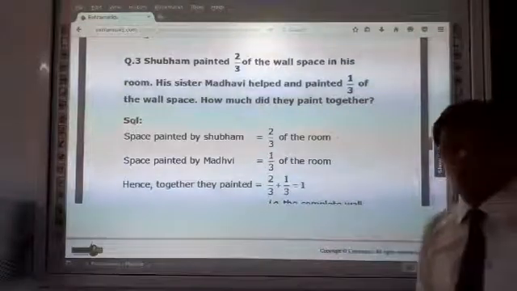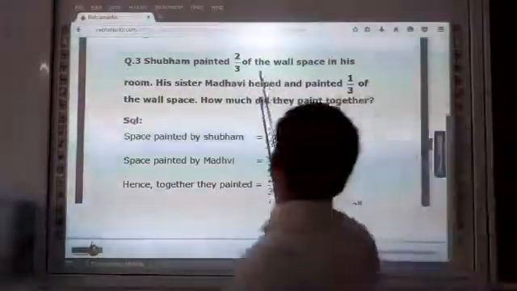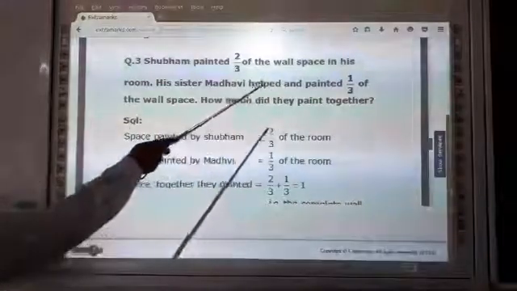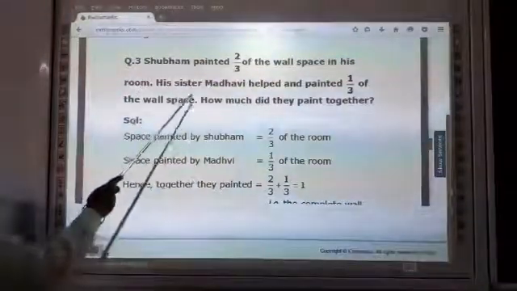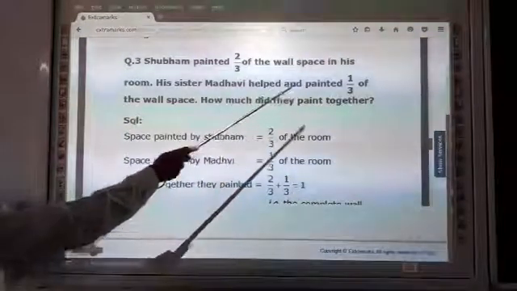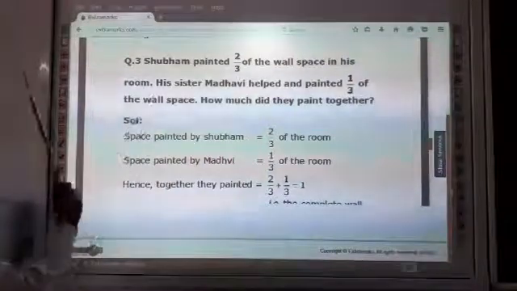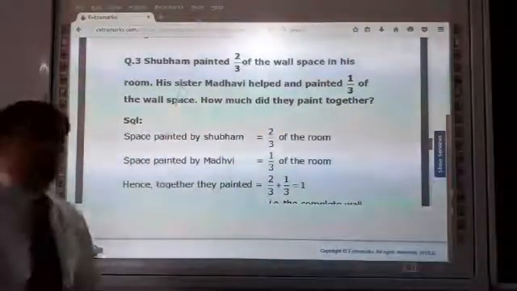Now next question is: Shabnam painted 2 by 3 of the wall space in his room. His sister Madhuri helped and painted 1 by 3 of the wall space. How much did they paint together?